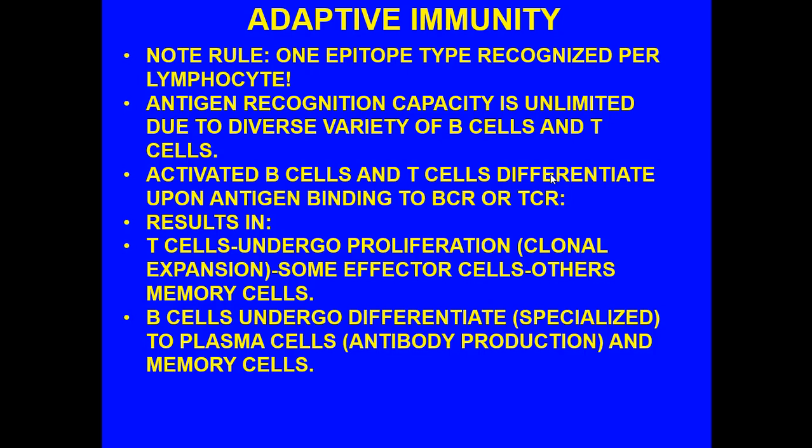Now, the two real fates are plasma cells, which are these humongous cells with lots and lots of rough endoplasmic reticulum, etc., because what they're going to do is produce gobs and gobs of antibodies. Now, the memory cells, those are different. The memory cells are going to be the sentinels that I mentioned before. They're going to sit on the side.